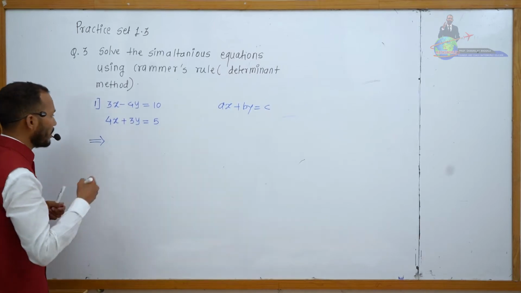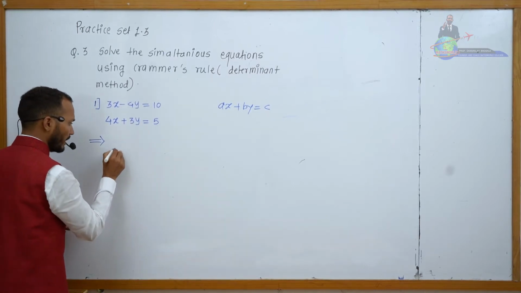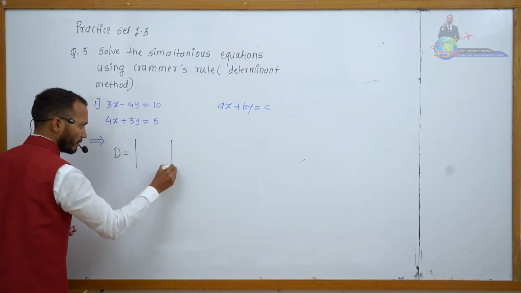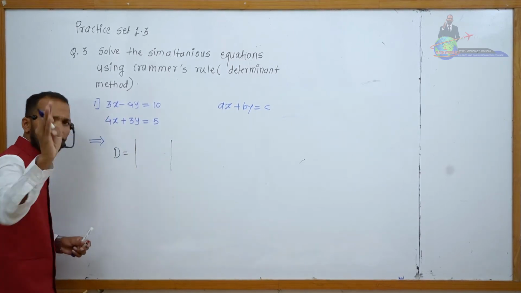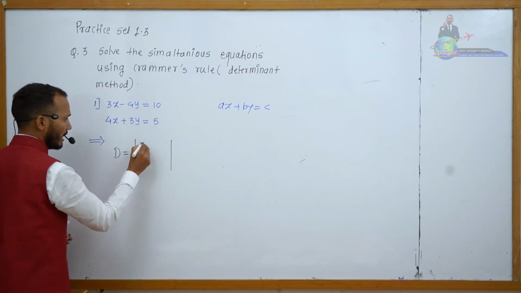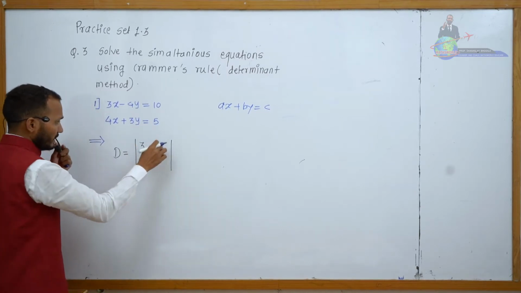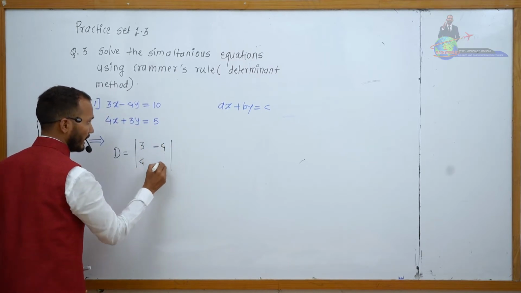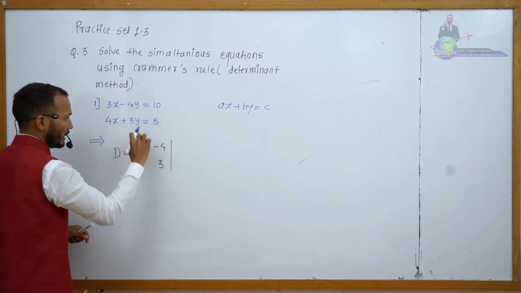Okay, now to find D. D is equal to, how do we find it, student? Here the first column is the coefficient of x, which are 3 and 4. Next column is the coefficient of y, -4 and 3.